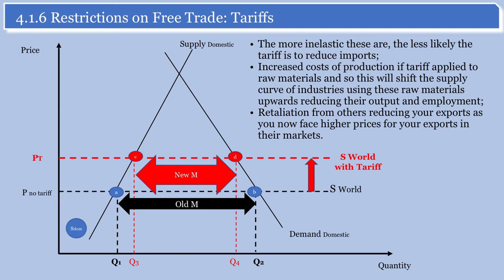So if, for example, this was placed on an industry where you've got a lot of spare capacity, so the capacity is still there, then the industry could respond quite quickly and easily to the increase in price, and so you'd have a much greater increase in the supply.